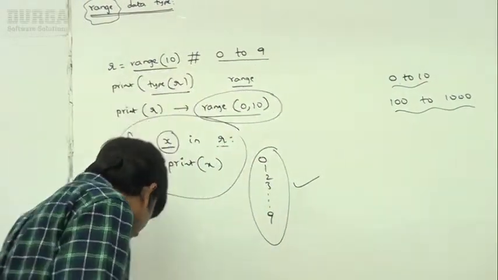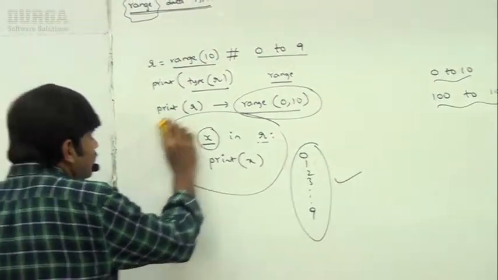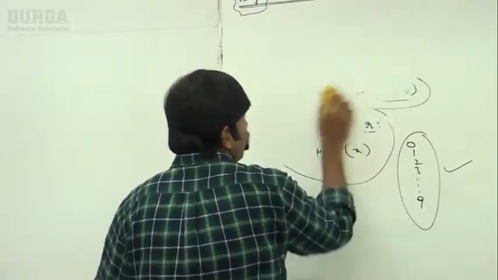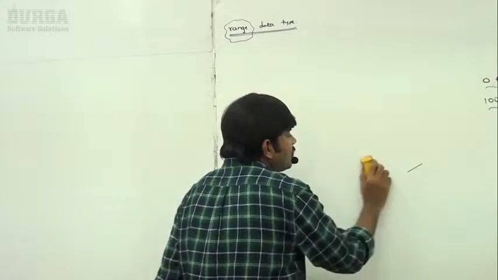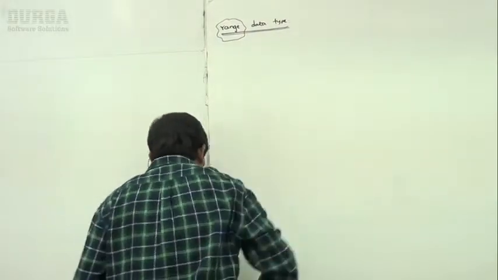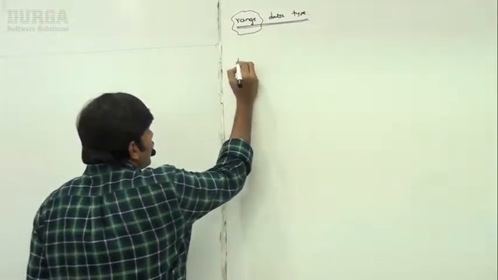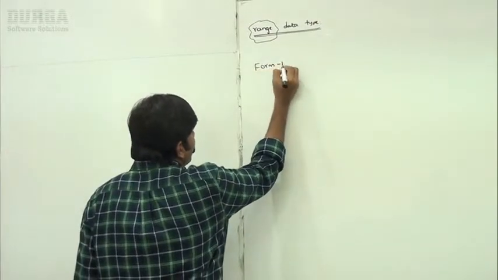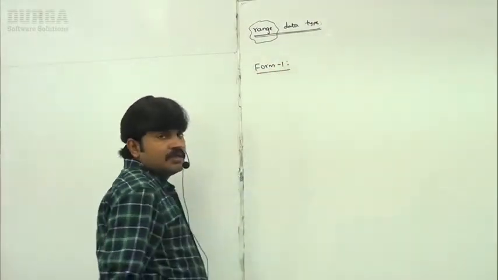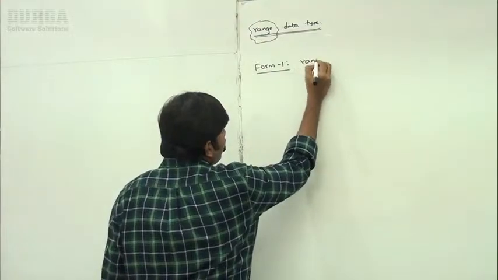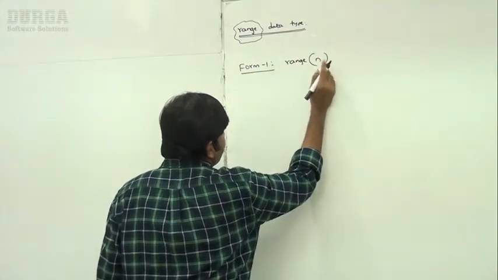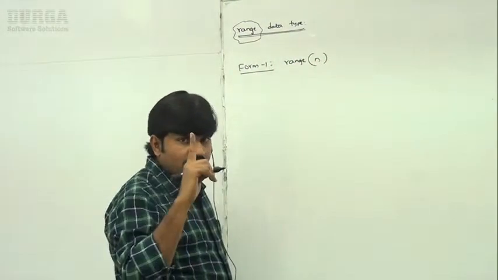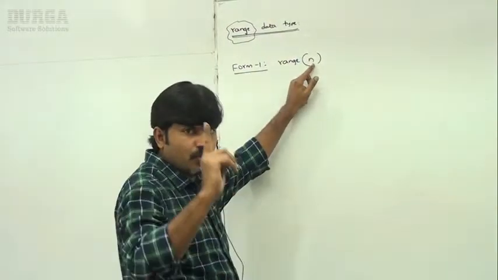Okay, very simple, sir. The first option is what we used just now. Have a look once. Form 1: range of n. Observe that carefully. How many arguments are we passing? Only one argument.